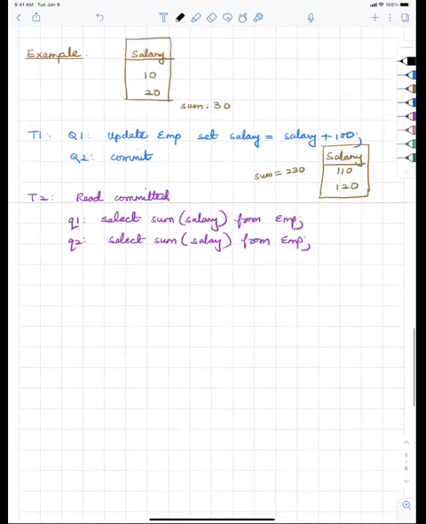So all the possible outputs. If you look at the outputs, let's see the possibilities that you can have. You can have T1 followed by T2, so that would be Q1, Q2. Here I'll just write down all the cases. So T2, T1.